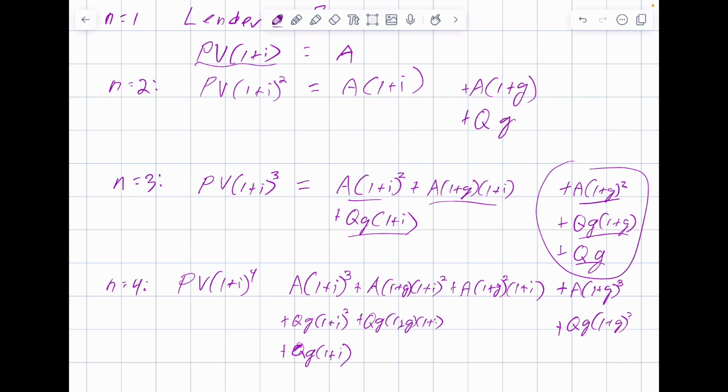So 1 plus G squared plus QG times 1 plus G plus QG. A will now be a little more than a fourth of PV. And we can see that a pattern is emerging.